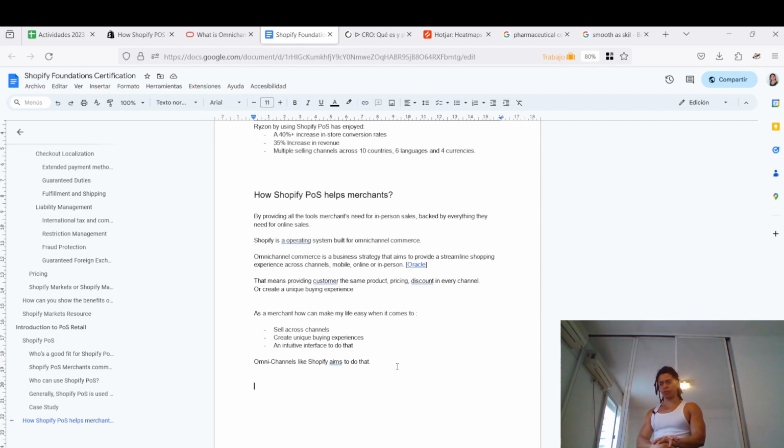Shopify is an operating system, according to them, for omni-channel commerce, meaning that it aims to provide a streamlined buying experience across all channels.